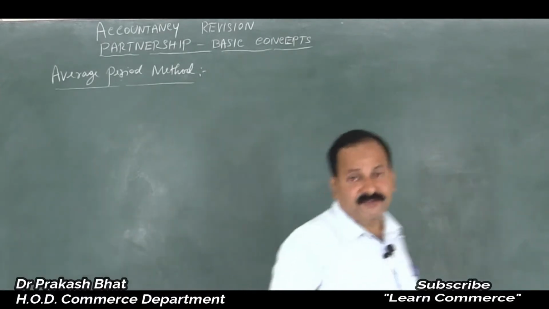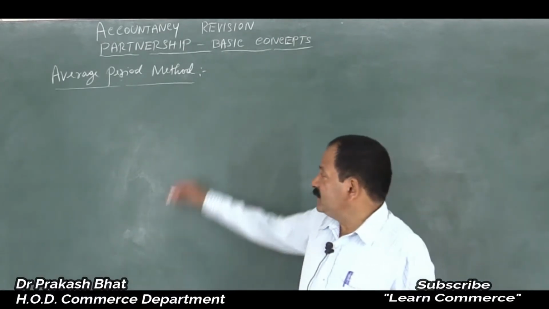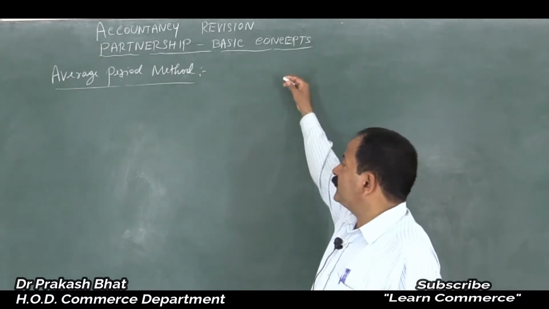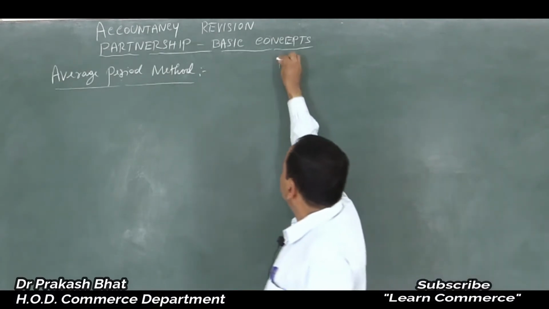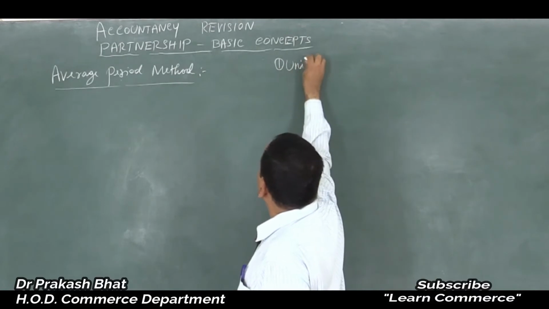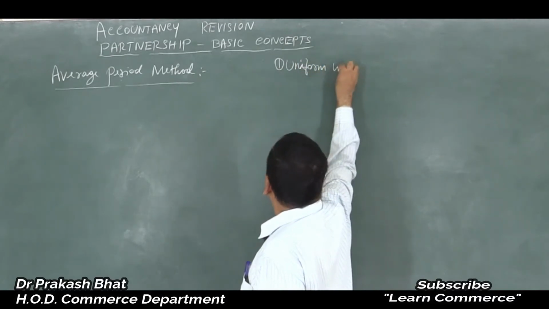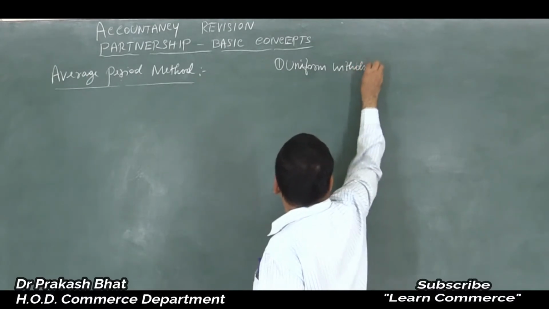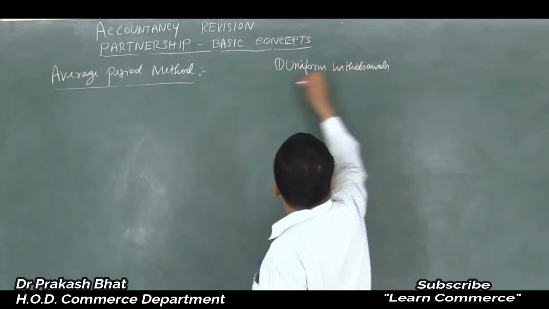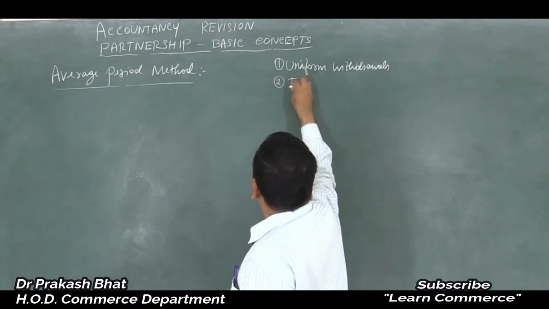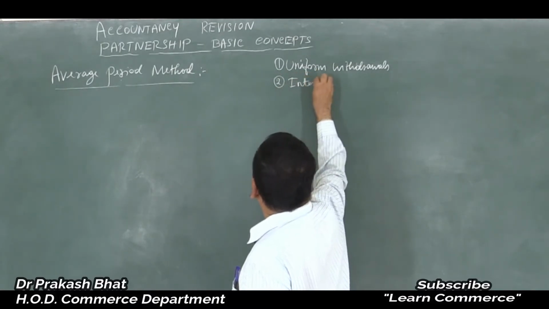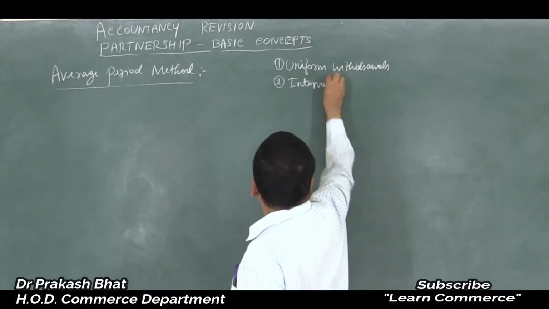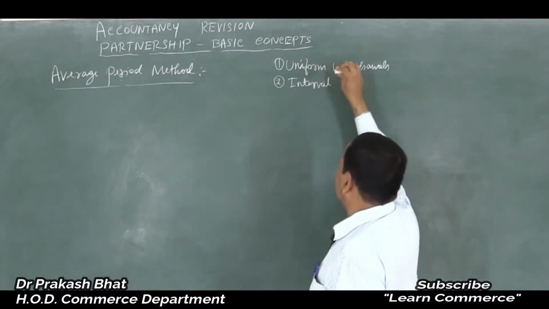What are those conditions? First one is the withdrawal should be uniform. Second one is interval should be same. Interval between each withdrawal should be same.